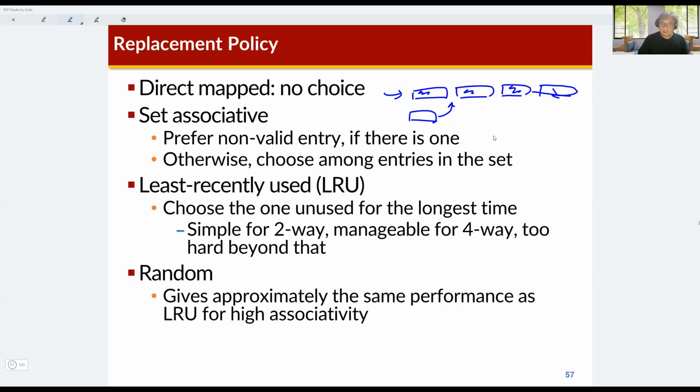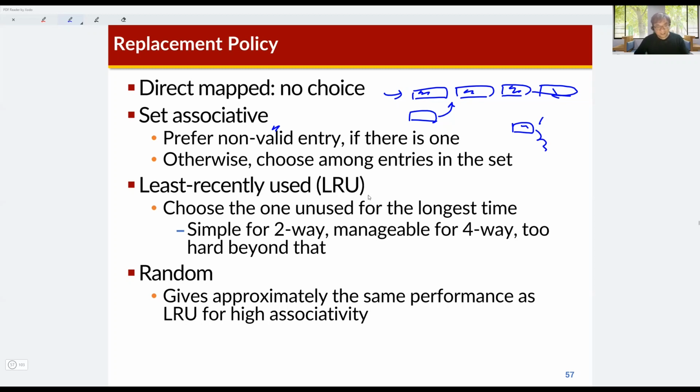With the direct mapped cache, there is only one block in a set, so we do not have any choice. This block is evicted. But for the set associative cache, there are multiple blocks, and we need to select from among them. We usually use the least recently used policy. This is called LRU.